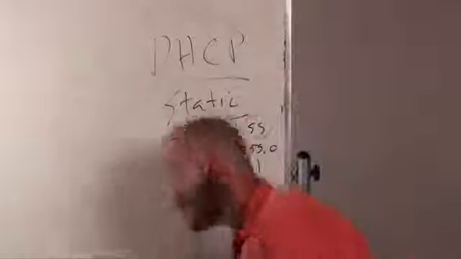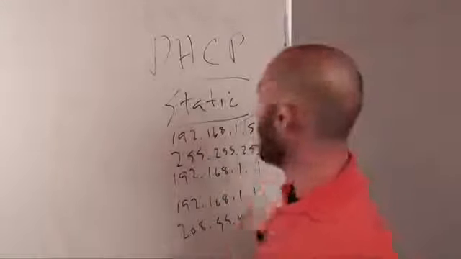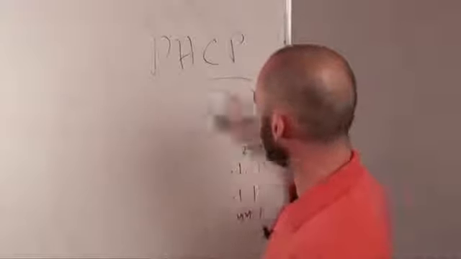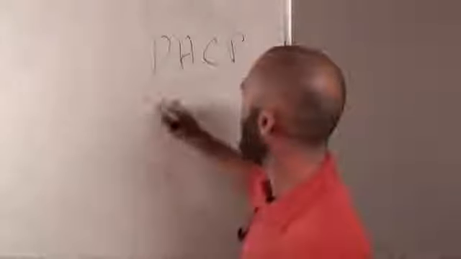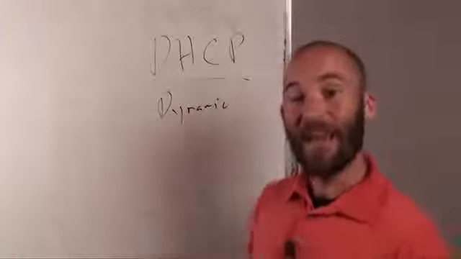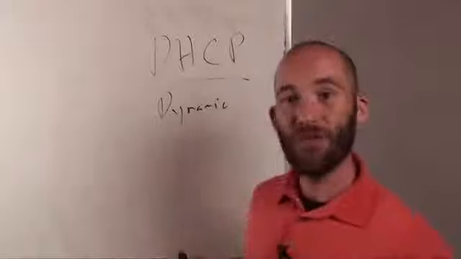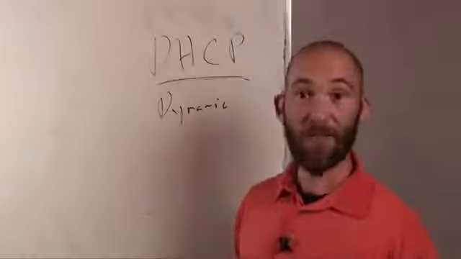So what you can do is give the computers or devices on your network what are called dynamic IP addresses. And this is where DHCP comes in. Dynamic IP addresses mean that when the computer connects to the network, it will call out to the DHCP server.